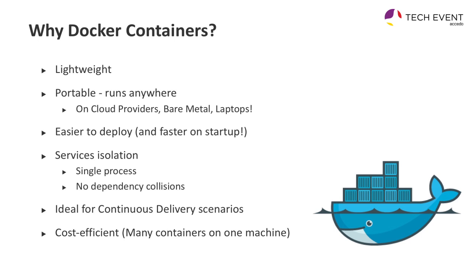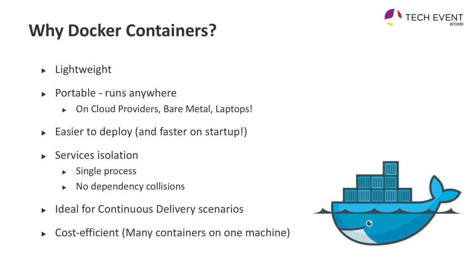Easier to deploy. Service isolation, because you run a single process, so that helps us isolate your service a bit. Ideal for continuous delivery scenarios. The typical use case is a microservices-based architecture, where you want your service to deploy as efficiently and continuously as possible. Cost efficient, because we can run many containers on the same machine.